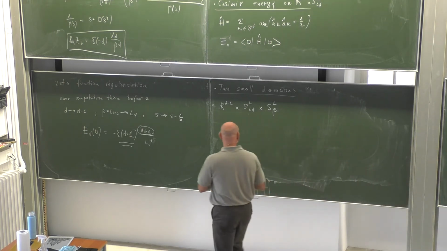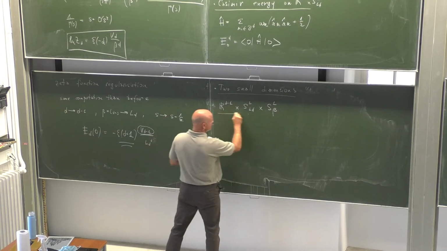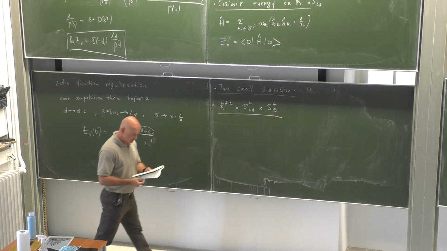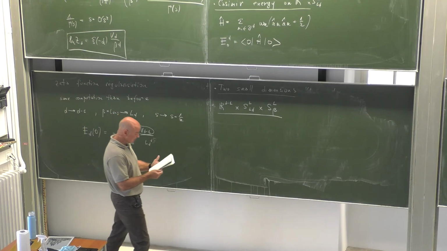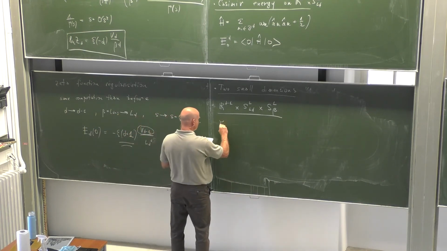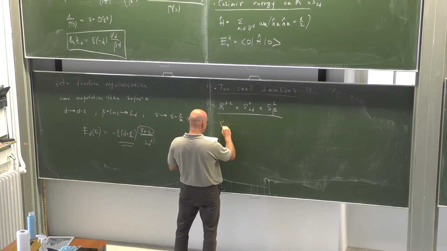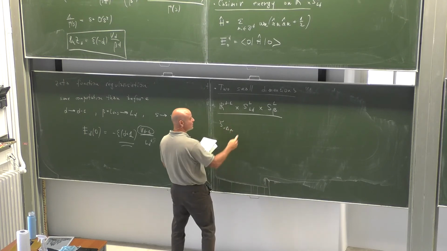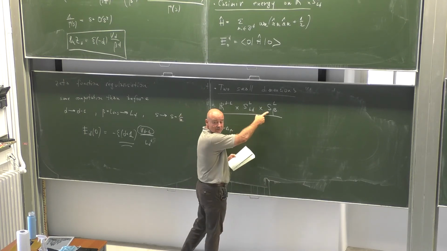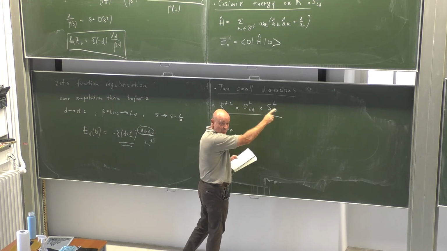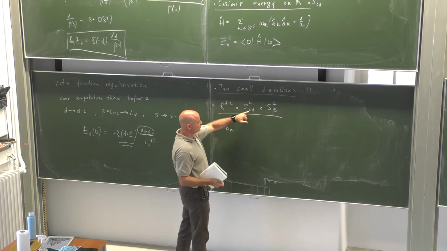Okay. So two small dimensions in space-time, you are looking at this thing here, right? And you do the zeta function again. Now look, you keep the mu, because the mu is a kind of non-trivial twisting of these S1s. So if you don't have mu, then you really have that.